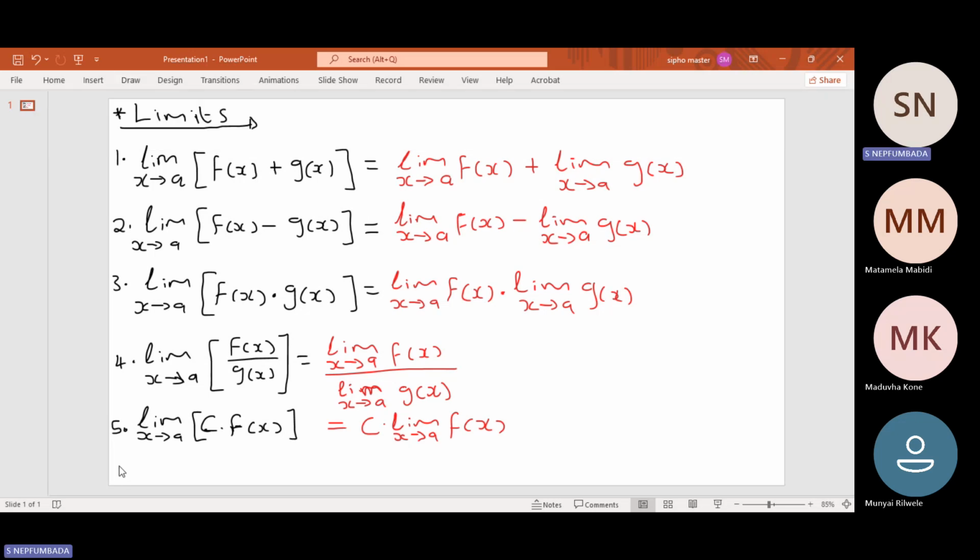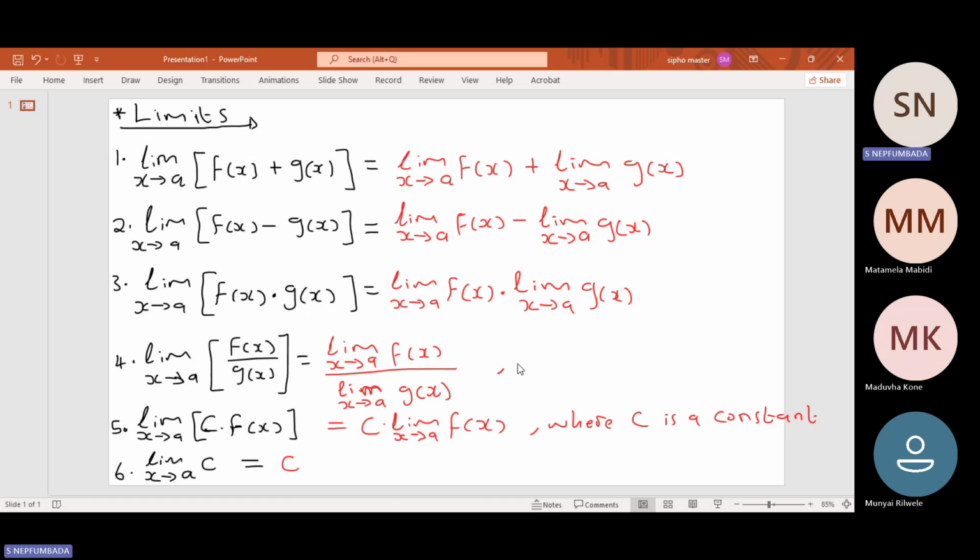And lastly, if I'm not mistaken, let's say we've got the limit of x approaching a of a constant. This is nothing but going to be equal to the constant, where c is a constant.